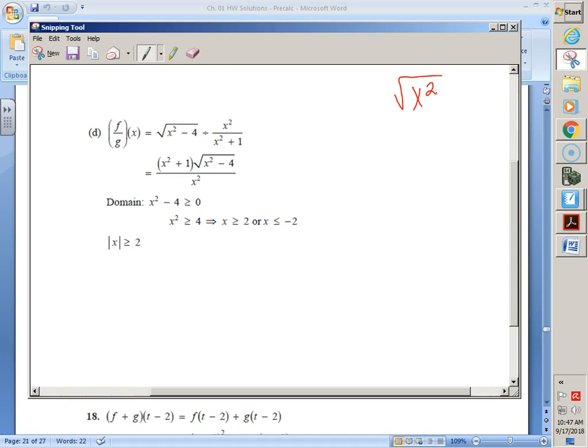Because if I was to plug in a negative number and square it and square root it, wouldn't it be a positive? Because it loses its sign, right? When you square it, PEMDAS would say square and then square root. So a negative squared loses its sign. It loses its negative identity. This is technically the absolute value of x. If you put that in your calculator, any number would always be a positive when it comes out.